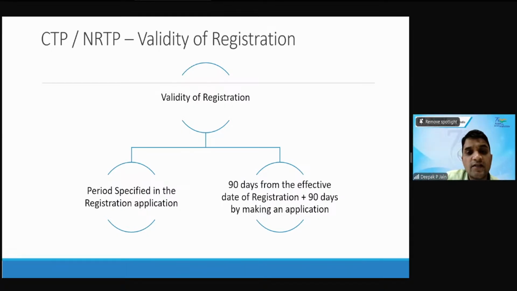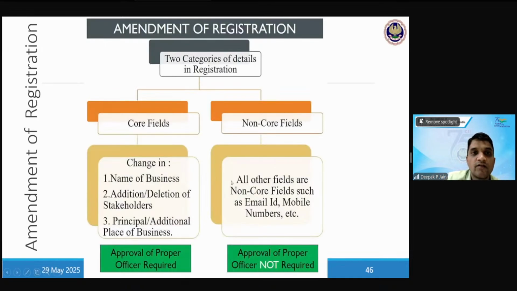Okay. So the registration period is 90 days plus 90 days. That is the maximum you can get the registration for.